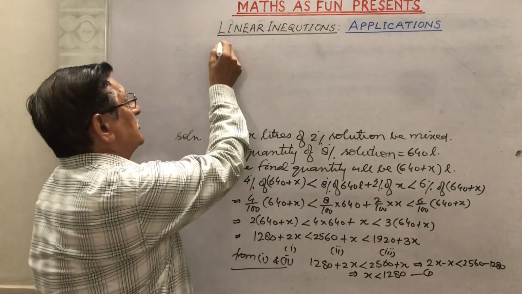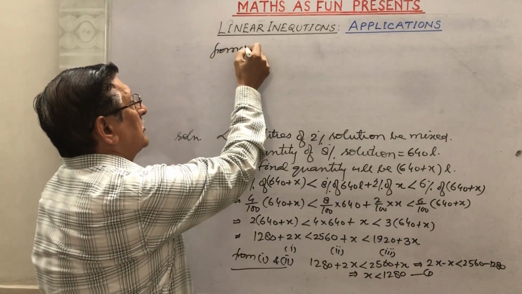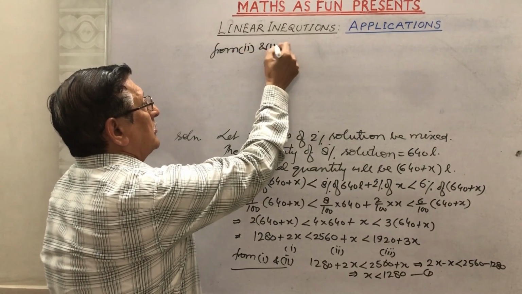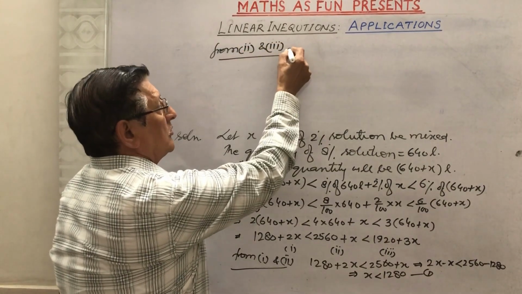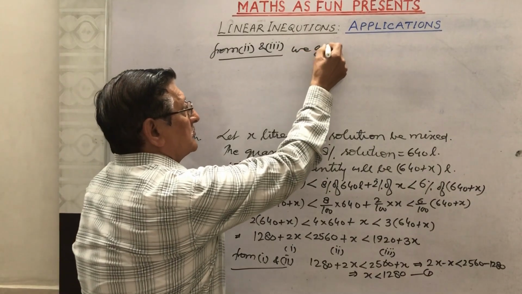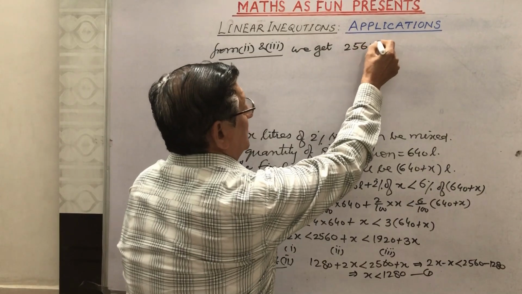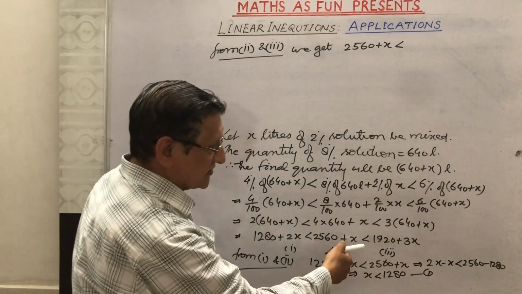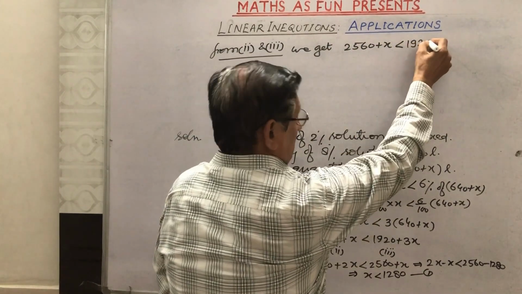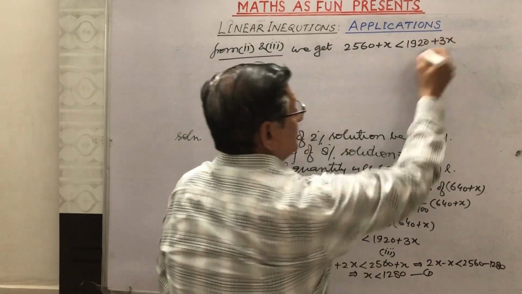From second and third, we get 2560 plus x is less than 1920 plus 3x.